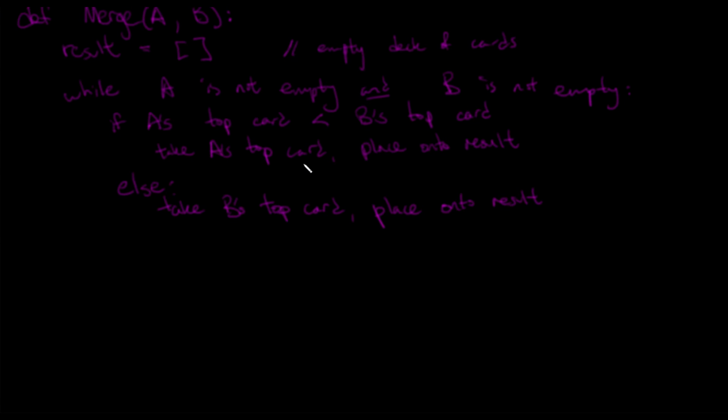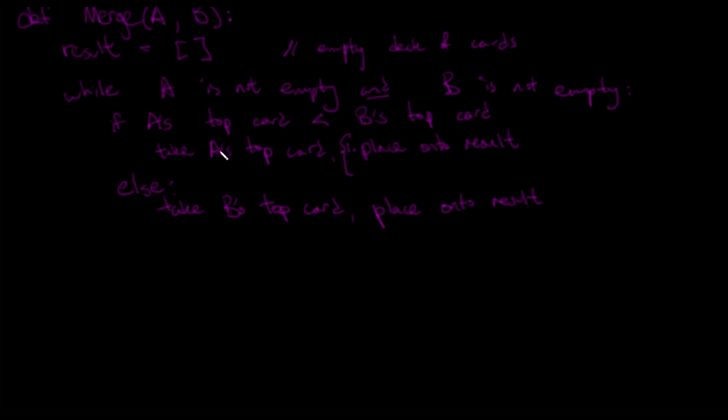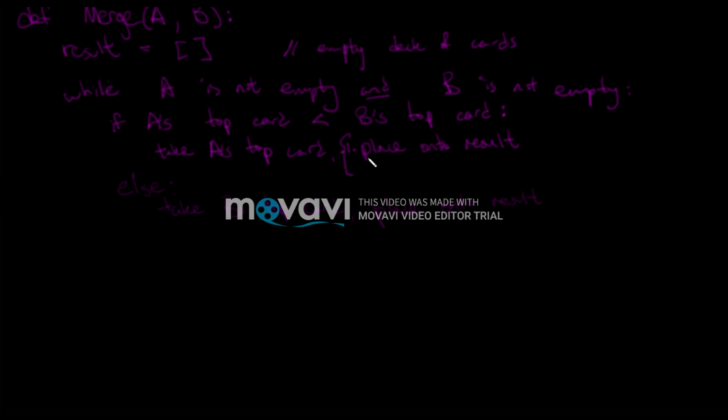One thing I forgot to mention is that when we take A's top card and place it onto the result, we're also going to remove that top card from deck A. We're no longer going to consider it in deck A. So I'm going to make this two steps. The first step is to take the top card of A in this conditional and place it onto the result.